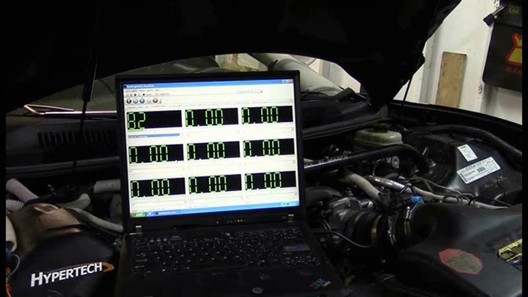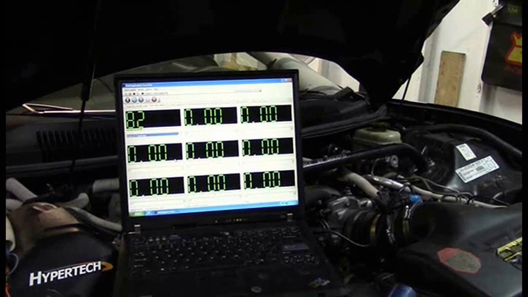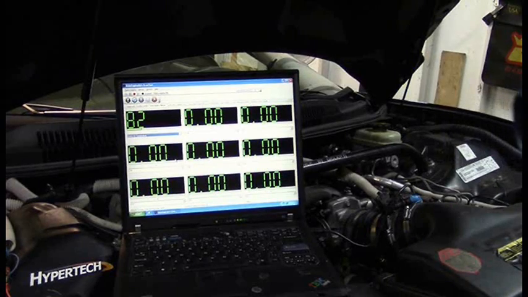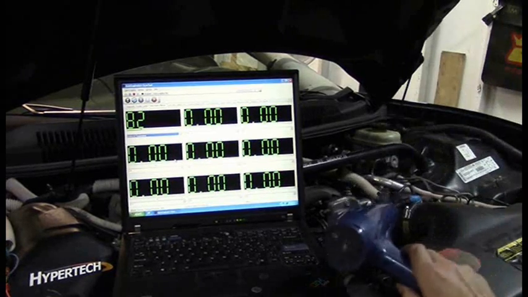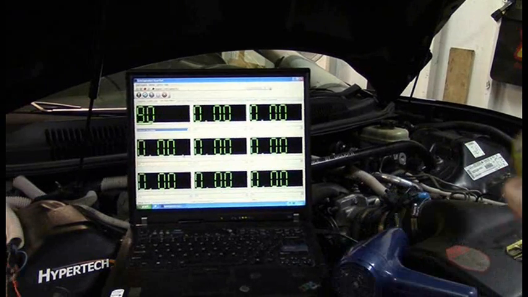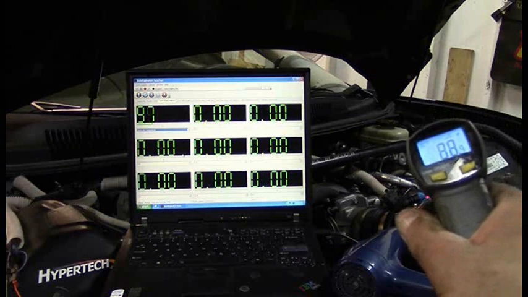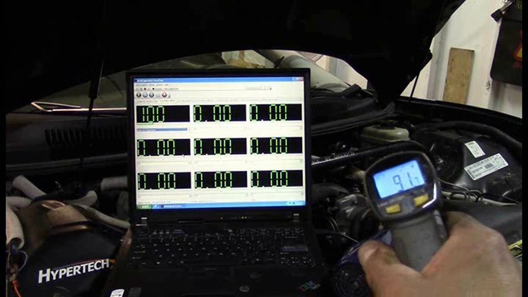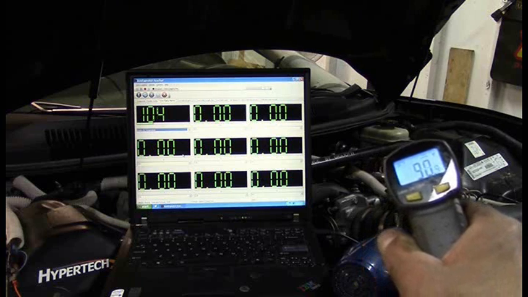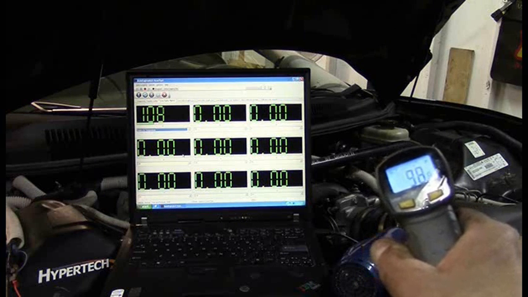Now the question is, is it also measuring with any temperature changes as the engine warms up? So let's find out. To test that it is responsive, I'm going to put a hair dryer on it. We can see that it is increasing. Let's get a little closer here. There we go.